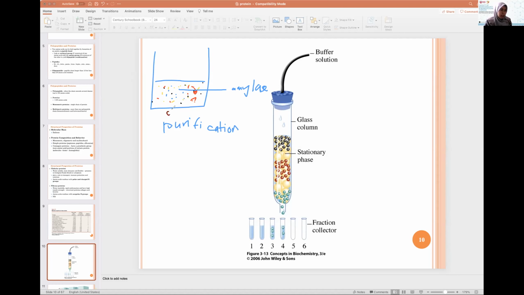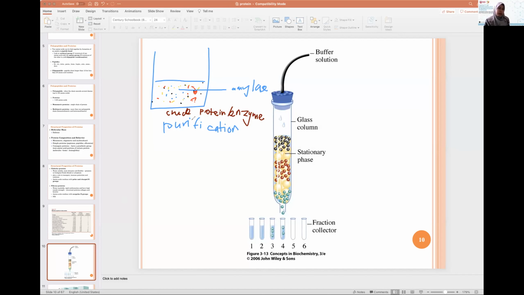This is crude enzyme, or crude protein. When we say crude, it means it is from the original source, or still not pure.